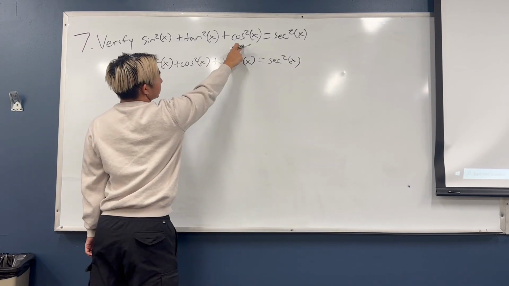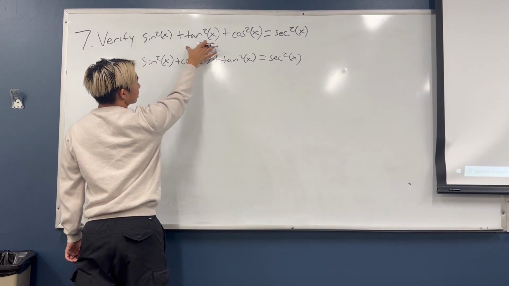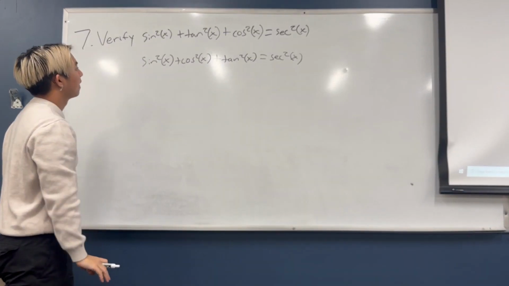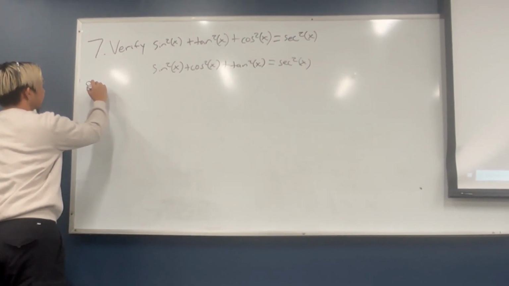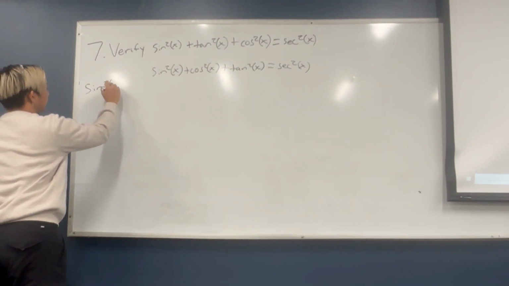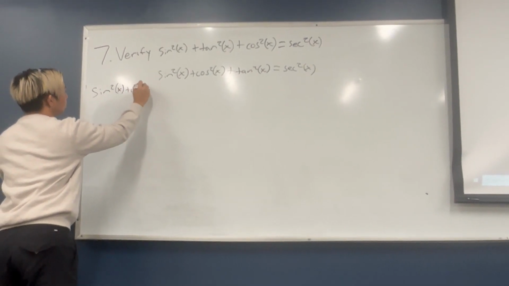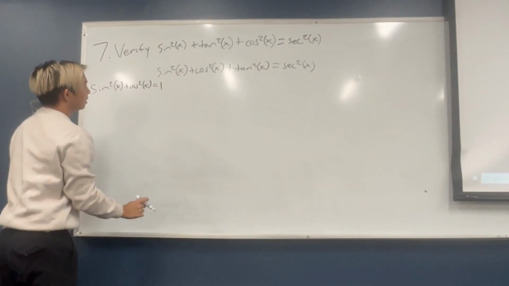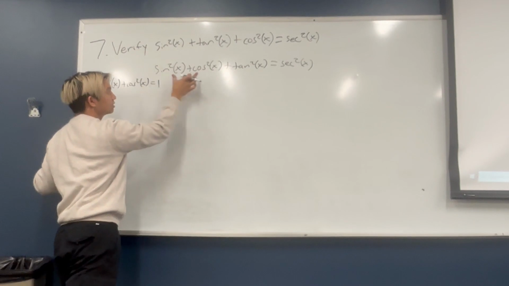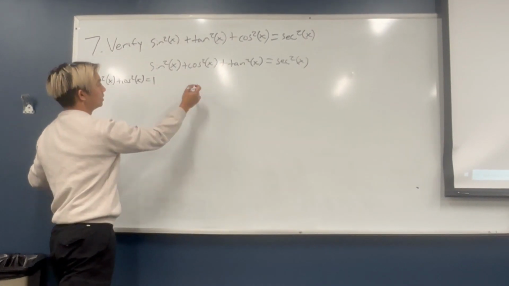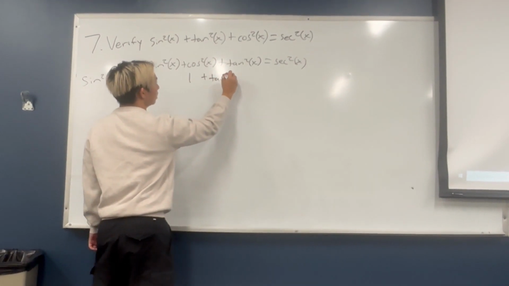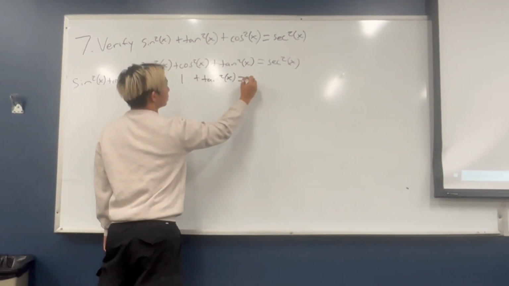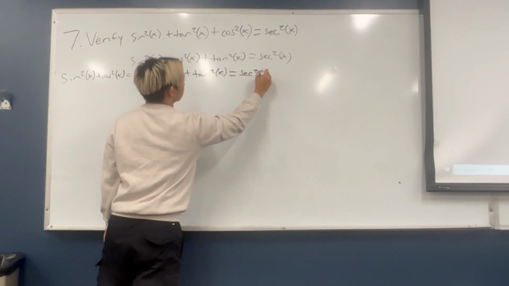Here I just swapped the places between this tan squared of x and cosine squared of x. And again, we have the same trig identity here, so I'm going to write it over on the side. Sine squared of x plus cosine squared of x is equal to 1. Bam. So this simplifies to 1. So 1 plus tan squared of x equals secant squared of x.